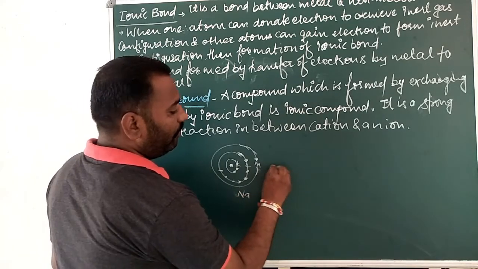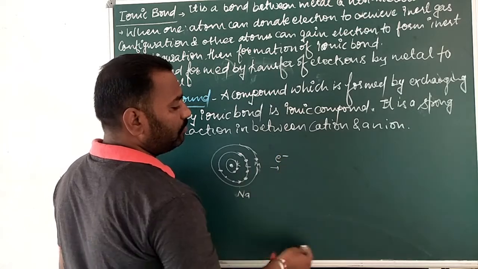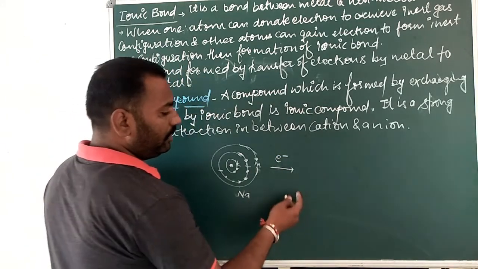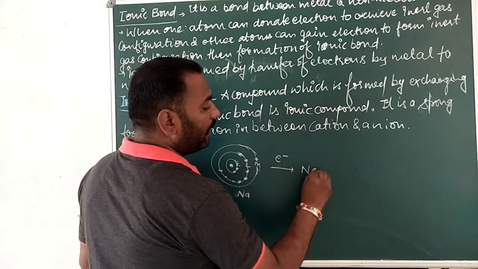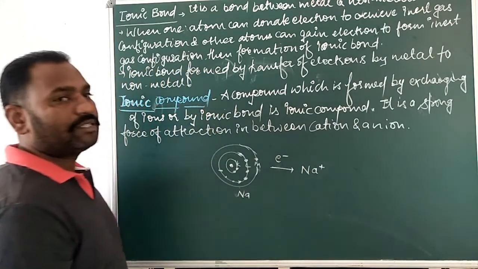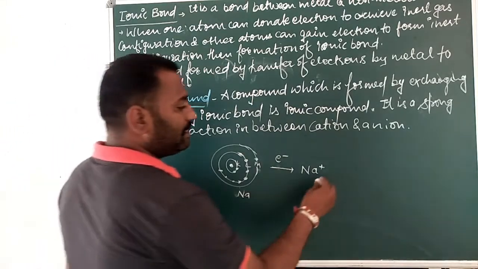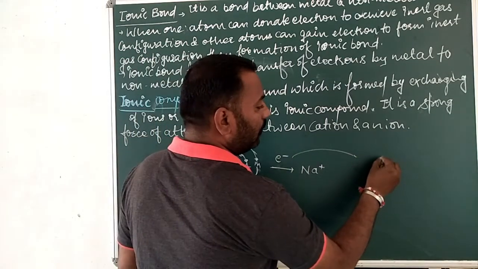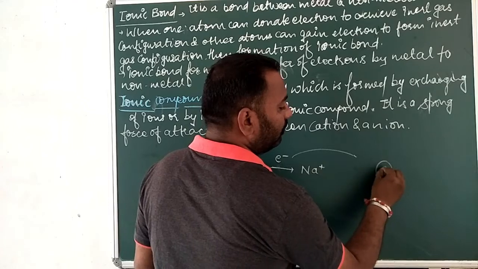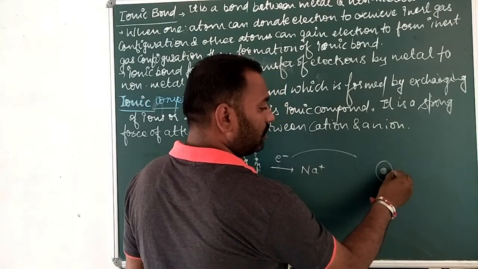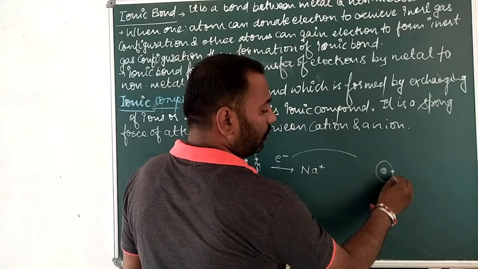When this electron passes to a non-metal, it can be converted into Na plus because now there is a lack of 1 electron. This is the nucleus inside and the innermost shell of chlorine.